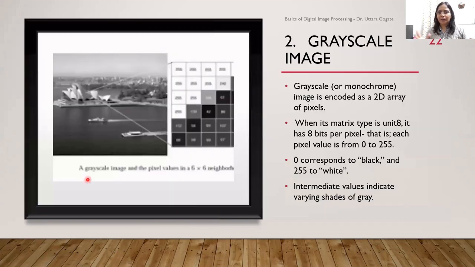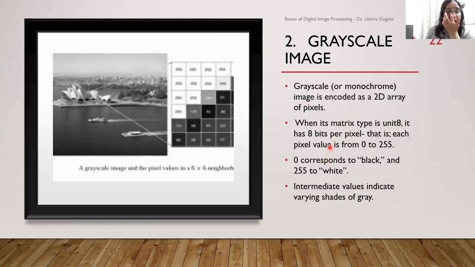Then the combinations of black and white. Now see, more details are very clear. Though it is a black and white image, the details are very clear because we are using combinations of black and white called grayscale. We have discussed it. The grayscale or monochrome image is encoded as a two-dimensional array of pixels.